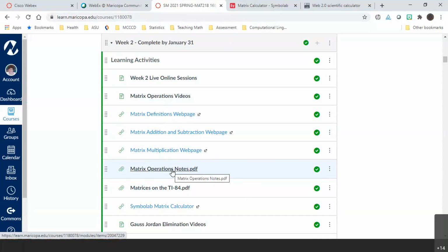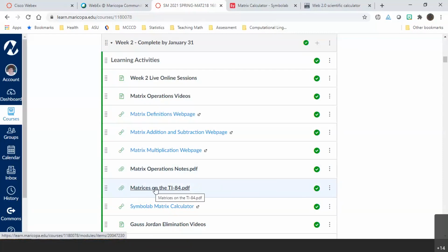So if you want to look at those first, remember we talked about previewing last week, so you have some idea of what we're going to talk about before we actually get into the course meeting itself. So this is what I'm going to be working on, but I'll have some additions to it as well, the application stuff that I'm going to share with you.